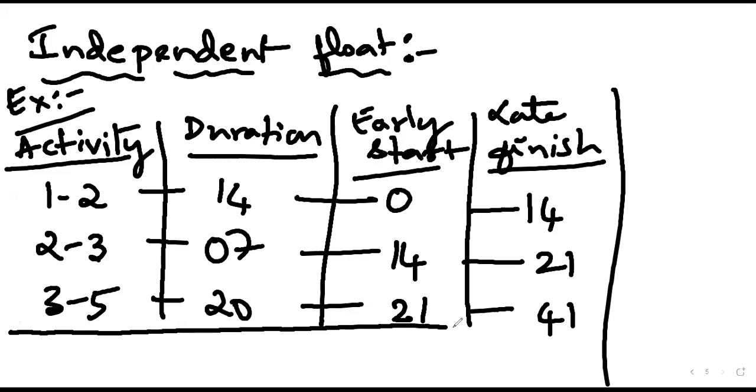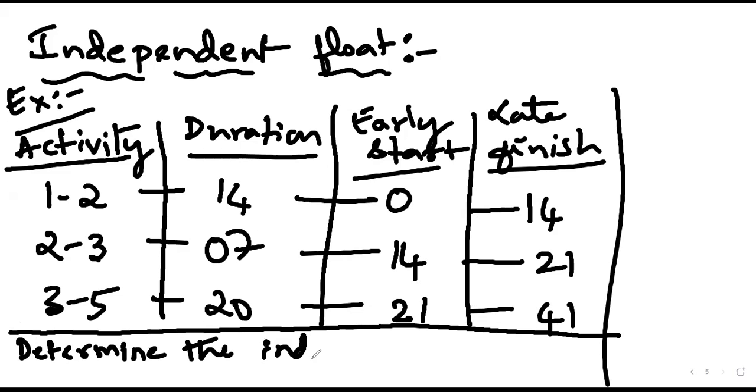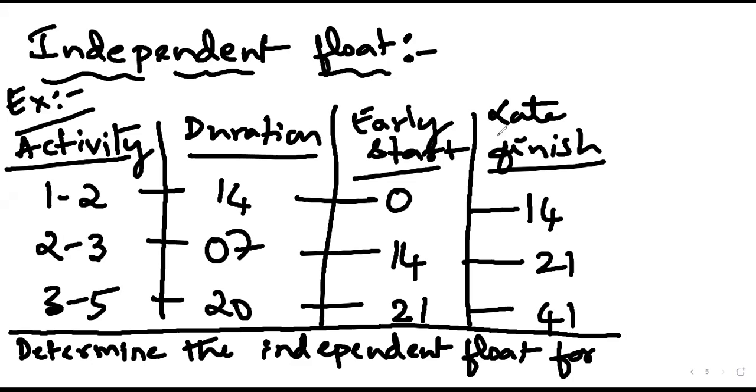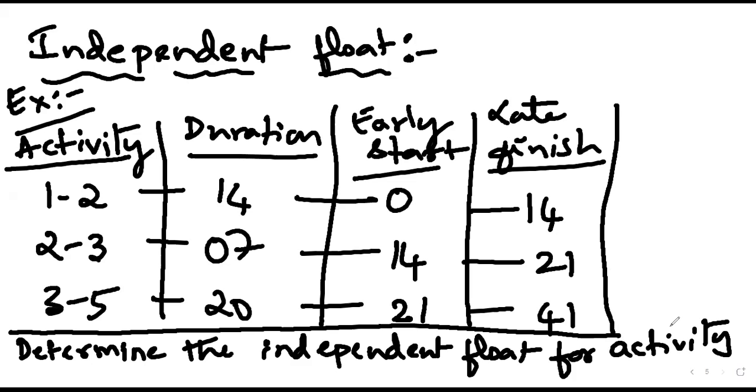The question is: determine the independent float for activity 2 dash 3.